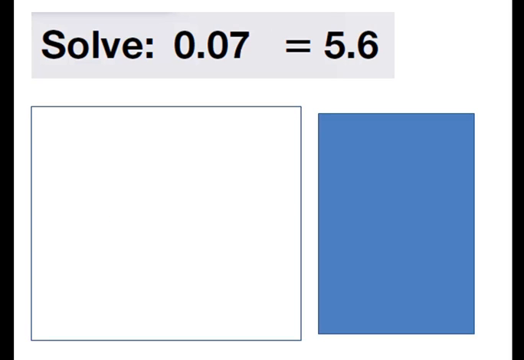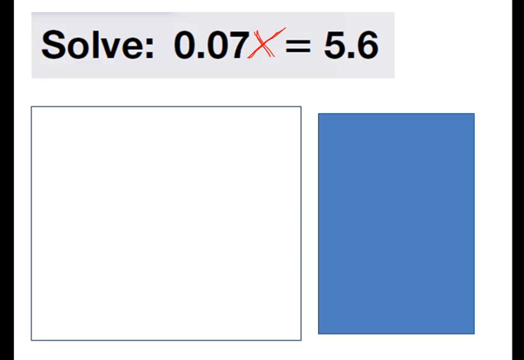Okay, so here's a little bit of a twist. This one is asking us 0.07 times something is equal to 5.6. We're going to put a variable in here that's missing. So 0.07x equals 5.6.